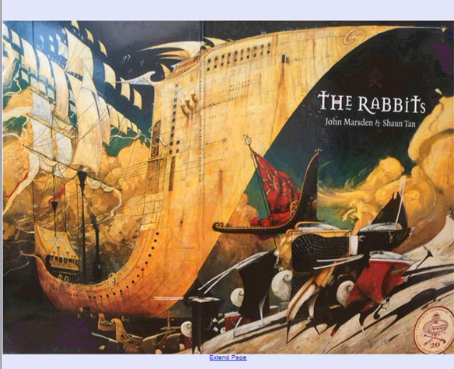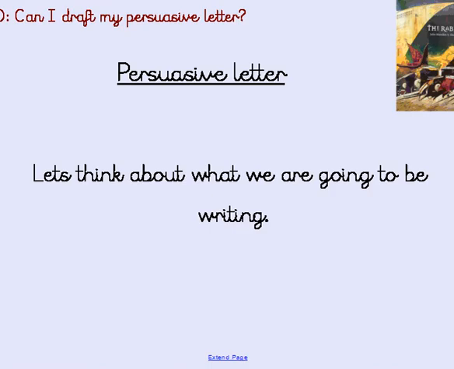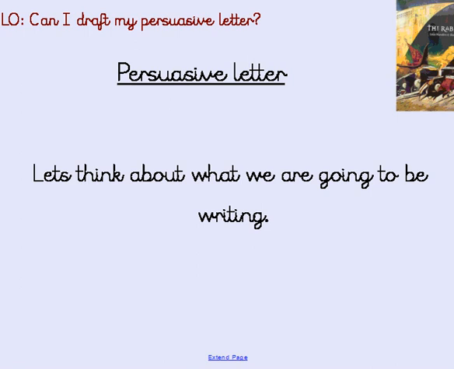Now, this is something that we've done an awful lot of times this year, so hopefully this will be a recap for you. So I'm looking at this, and you're going to be writing a persuasive letter.